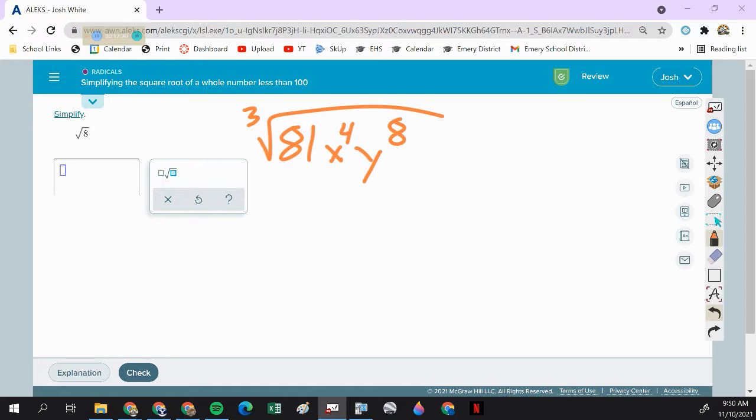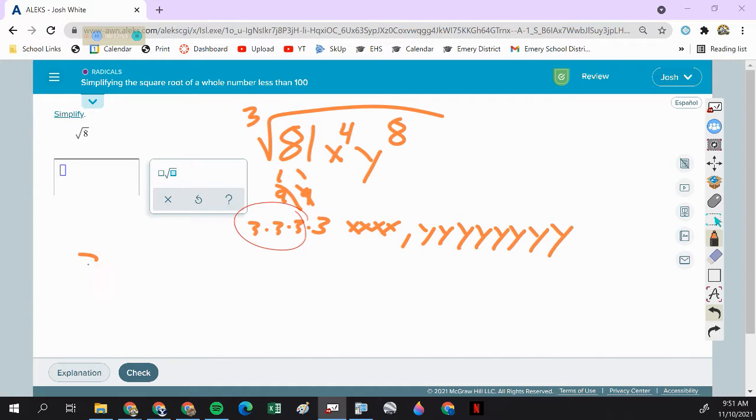Groups of 3. So 81 is 9 times 9, which is 3 times 3 times 3 times 3. And then 4 x's and 8 y's. What can I bring out? A single 3. One group is the same as a single 3.